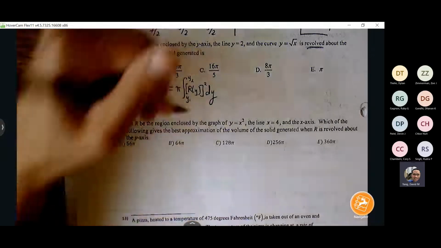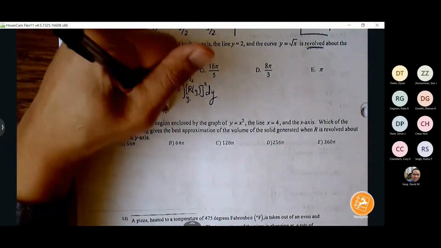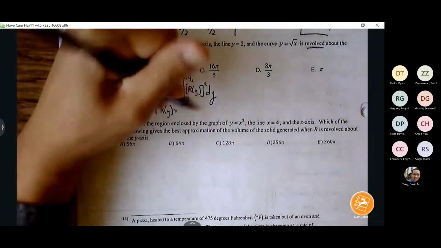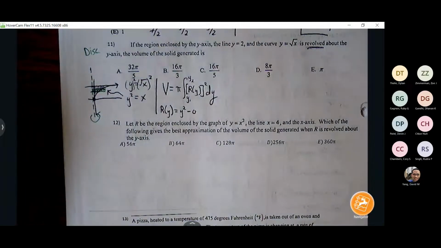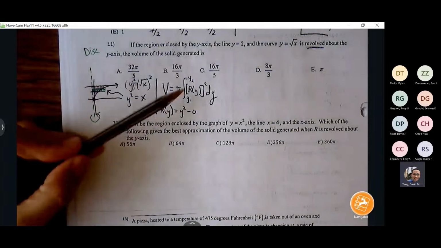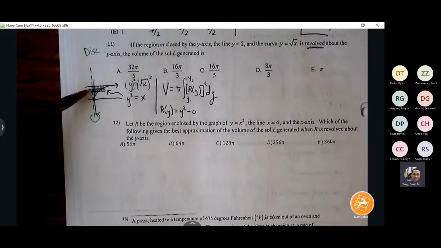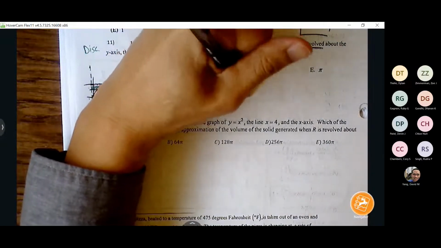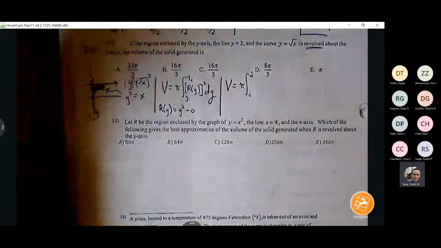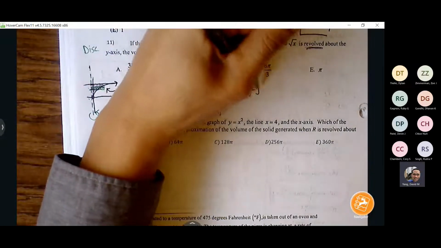So y squared minus 0. Our bounds are from lowest to highest y value. So lowest y value is 0, highest y value is 2. Big radius squared.